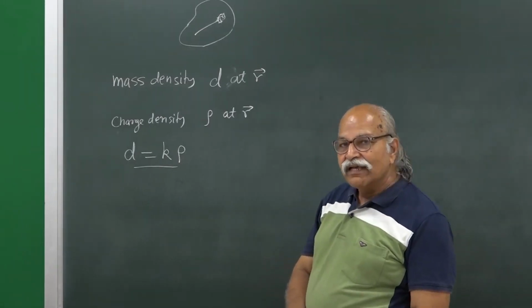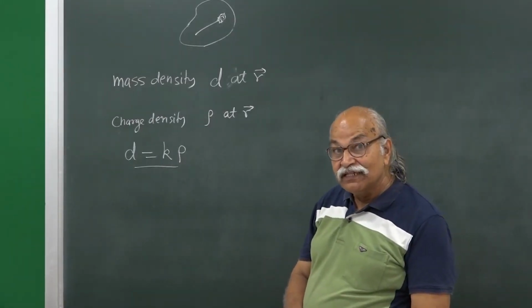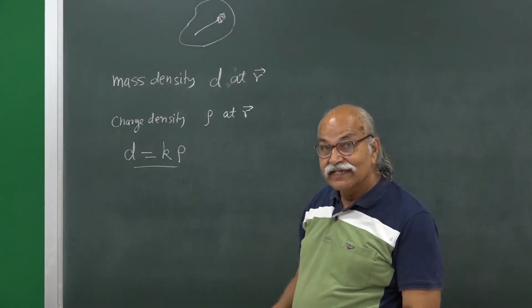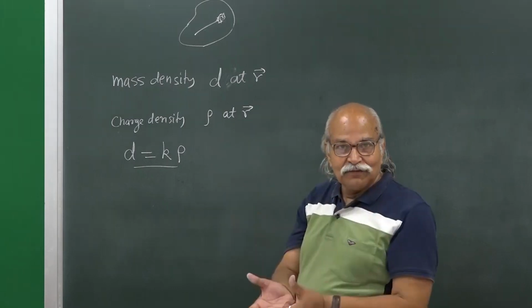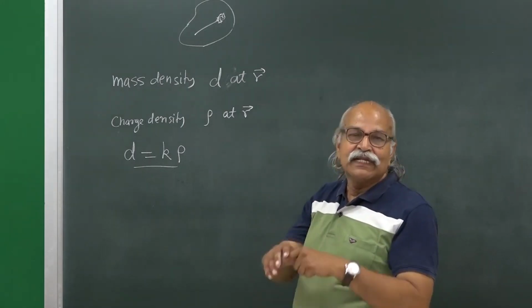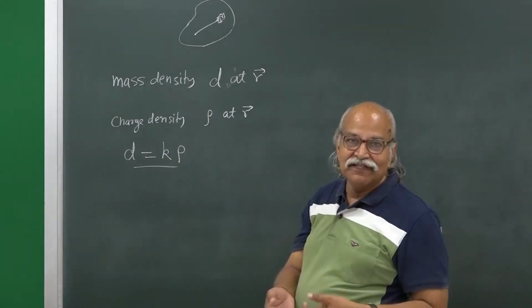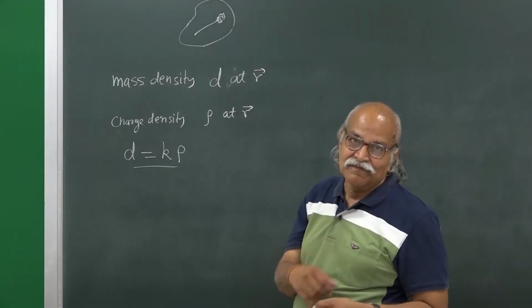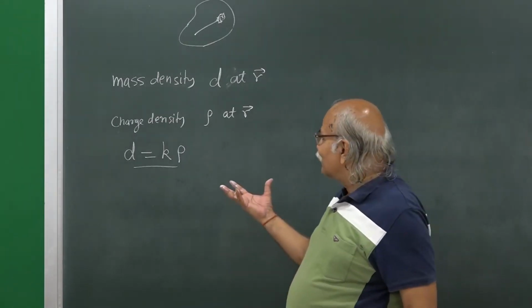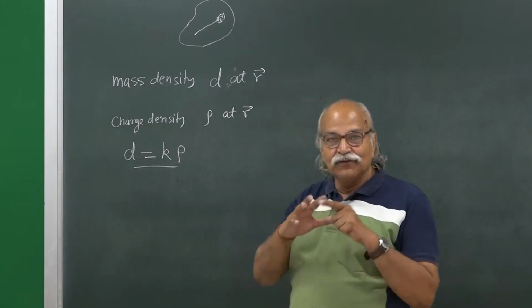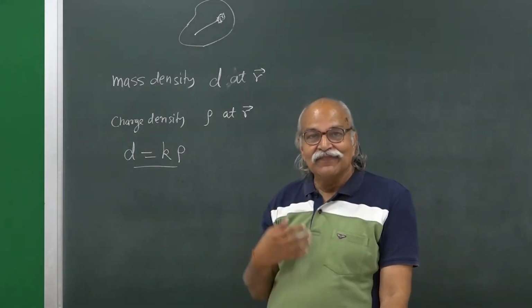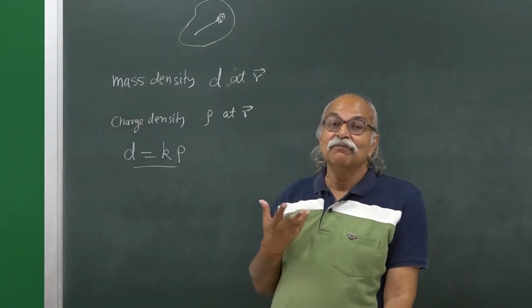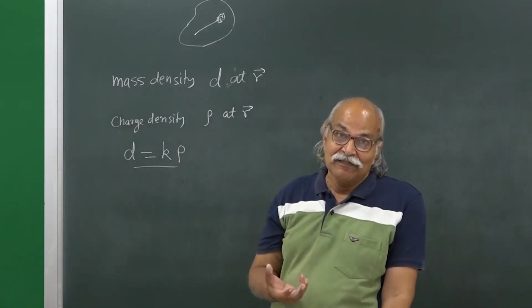Now the task is that if these charges move and create a current, then it's in a closed volume, and when I say closed volume, it can be closed surface, it can be closed loop. So it is a closed volume in which the charges are moving, and therefore it will have some magnetic dipole moment.